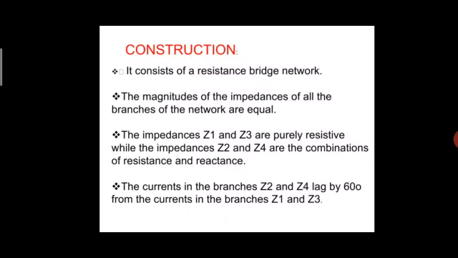The impedances Z1 and Z3 are purely resistive, while the impedances Z2 and Z4 are a combination of resistance and reactance. The currents in the branches Z2 and Z4 lag by 60 degrees from the currents in the branches Z1 and Z3.